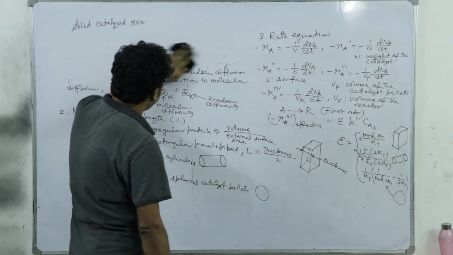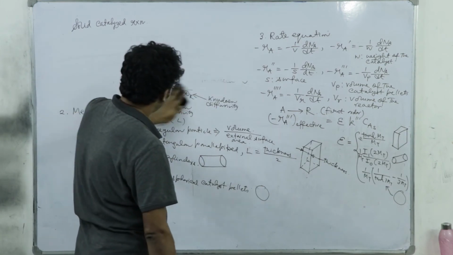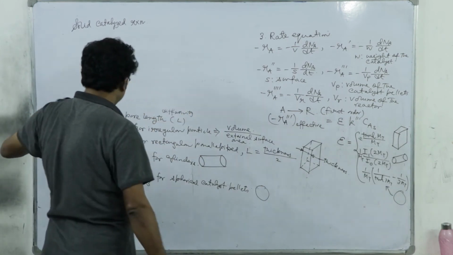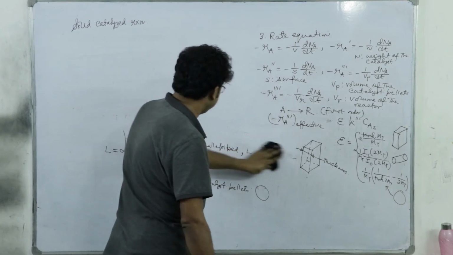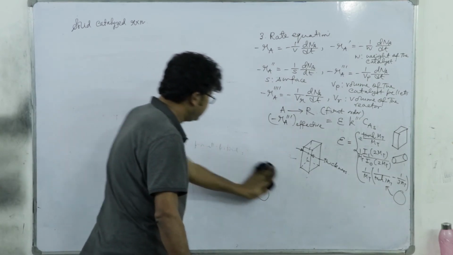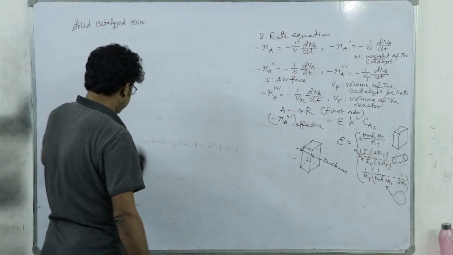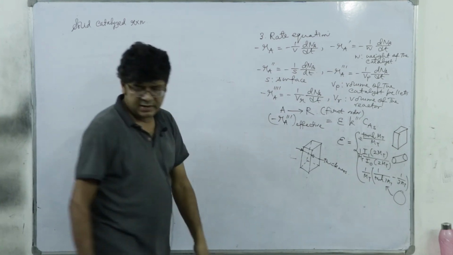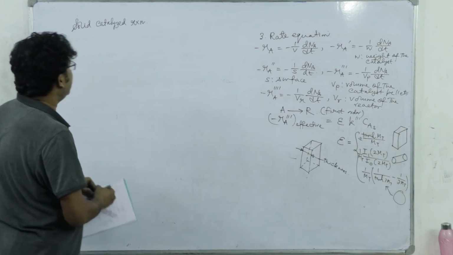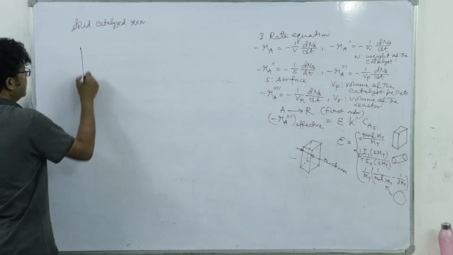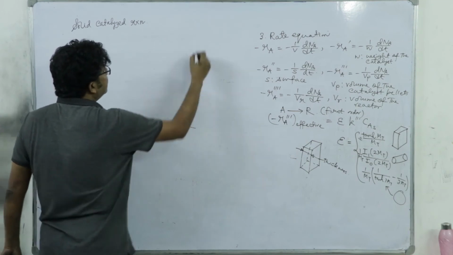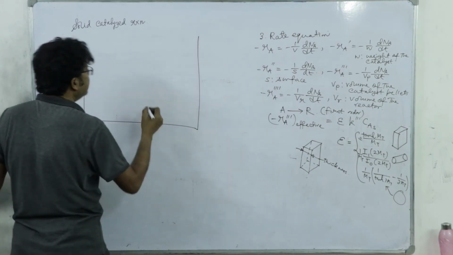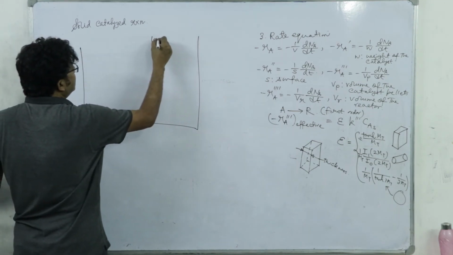But why are we not taking into consideration the different expressions? There is a reason. Whether it is cylindrical, rectangular, or spherical pellet, the epsilon versus mt profiles are nearly the same. This is a log plot.